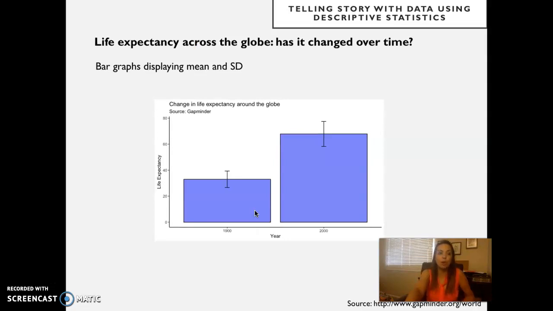We can use also bar graphs. So bar graphs typically are great for mean and standard deviation. So better when you have symmetric distributions. Here we don't have a very large skew, so it would be acceptable to use mean and standard deviation. You can notice that here is the mean for life expectancy in the 1900s. That's lower than the mean for the 2000, and that's the standard deviation, that's the spread.